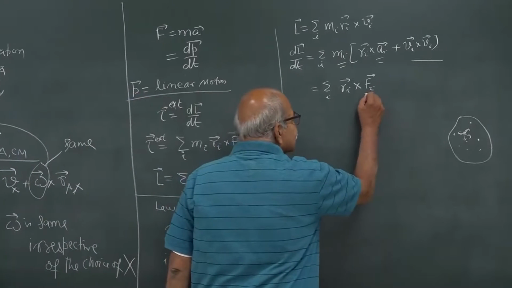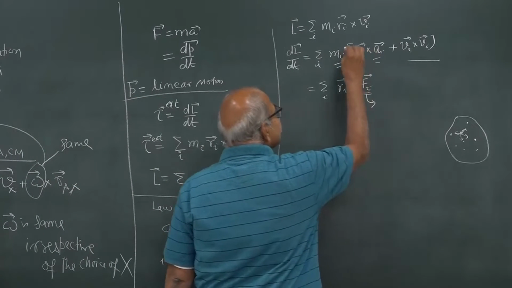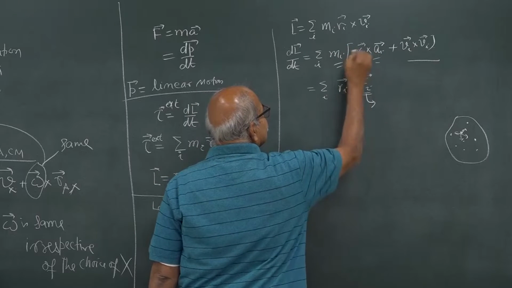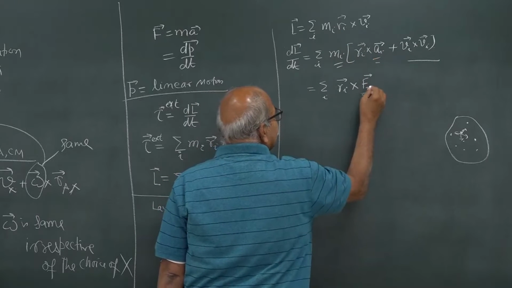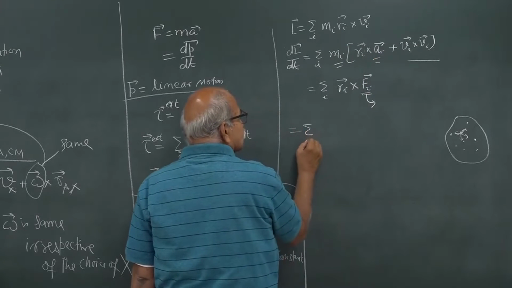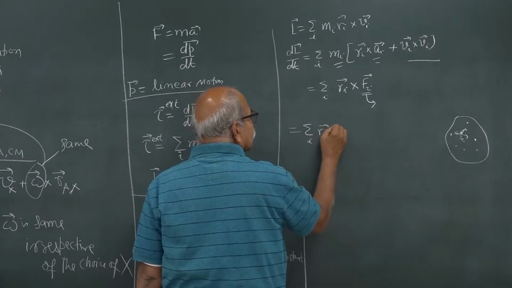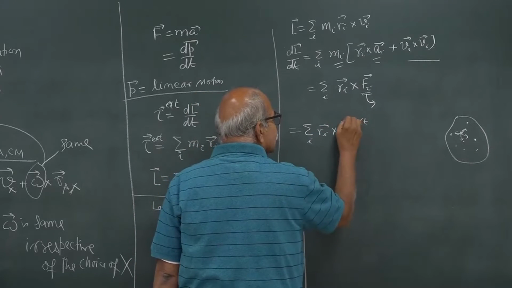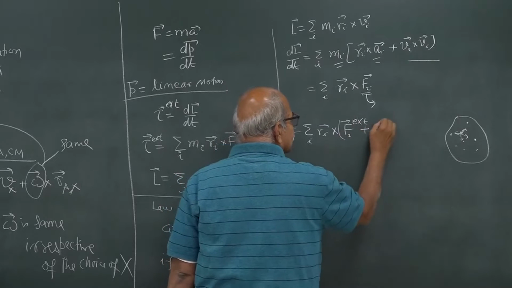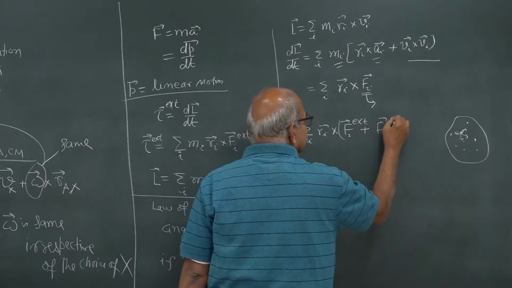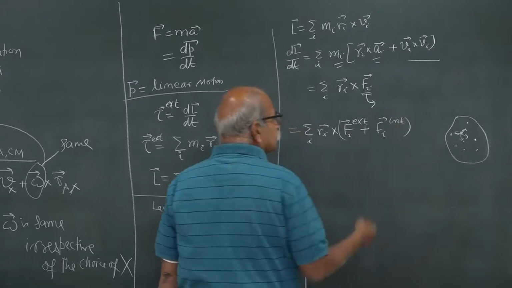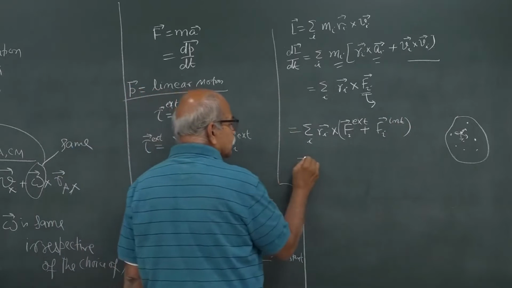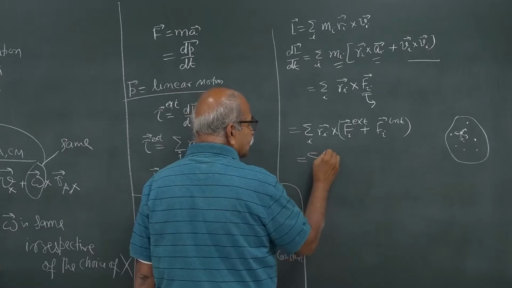This Fi is the resultant force, because I am writing it for mi and ai. So, this is the resultant force on the ith particle. So, this is ri cross (Fi external plus Fi internal), summed over i.